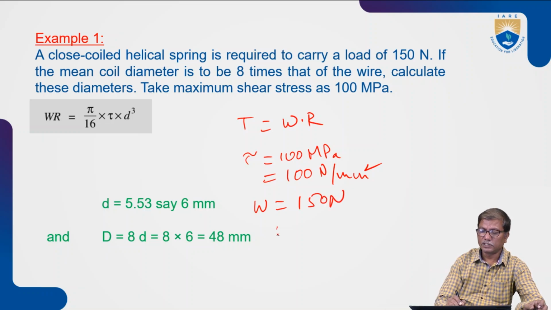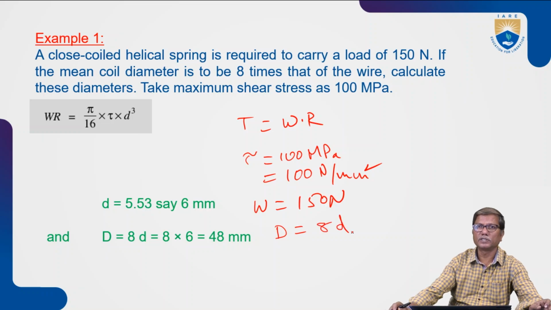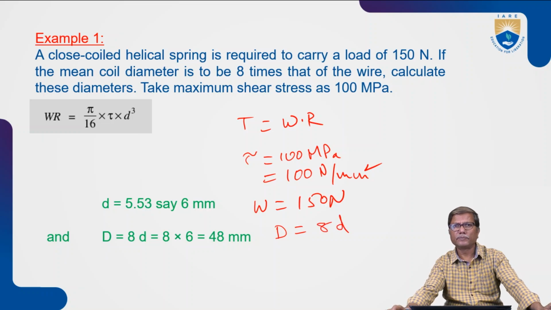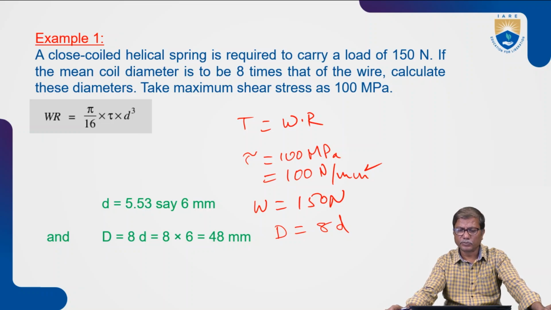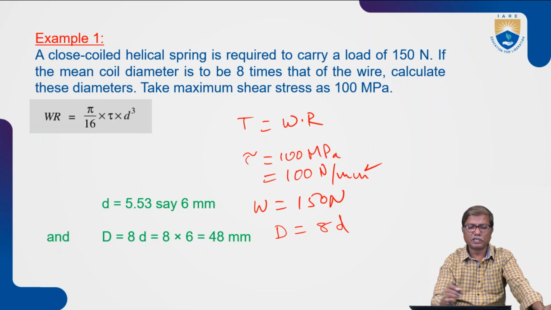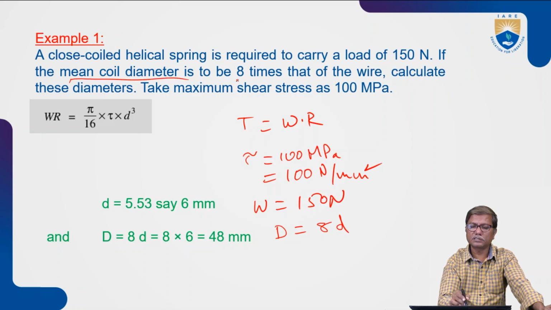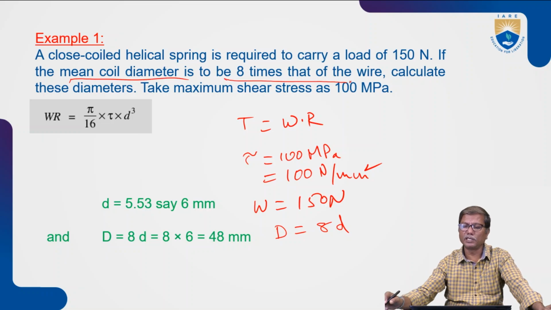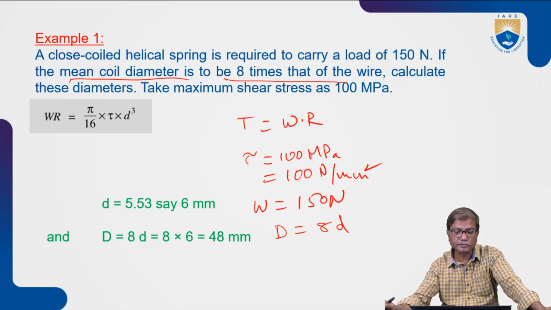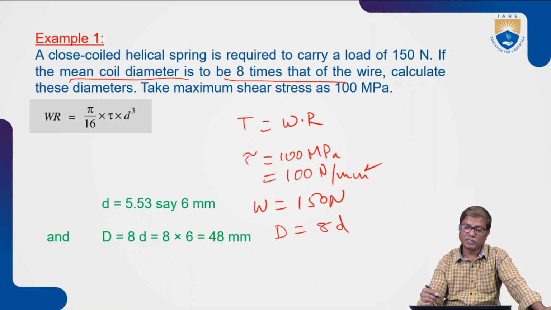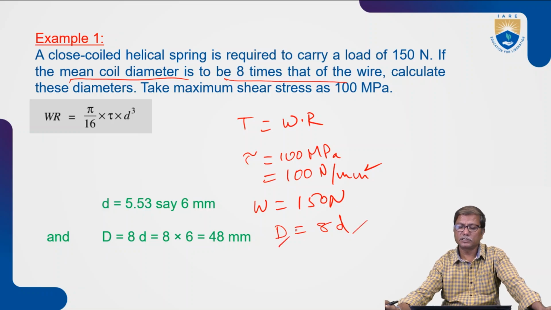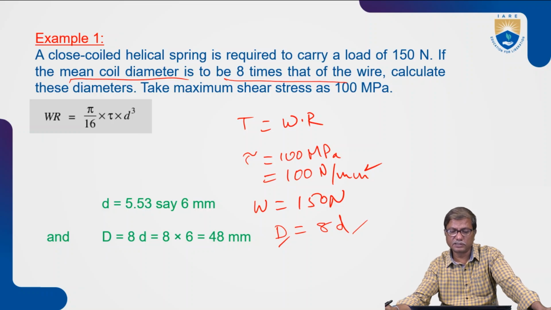And what else is given is that capital D is 8 times small d. Capital D is the mean coil diameter, and small d is the wire diameter. So the mean coil diameter is given as 8 times the wire diameter. We have to find what these diameters are from the given data.